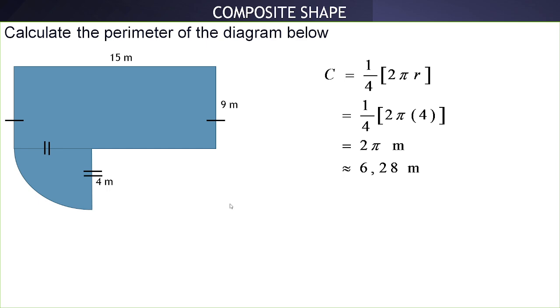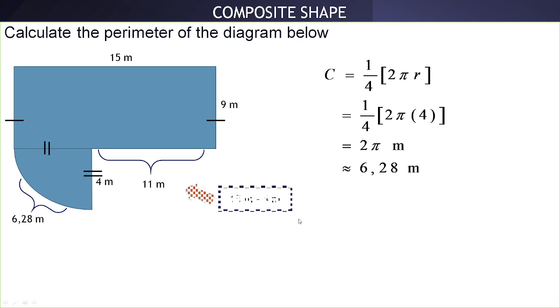So now what are we left with? We need to find the length at the bottom of this particular shape, where you see the pointer moving. How are you going to find that particular length? Since we know that the top length is 15 meters, and we know that the radius of the quarter of a circle is 4 meters, all we need to do is to find the difference.